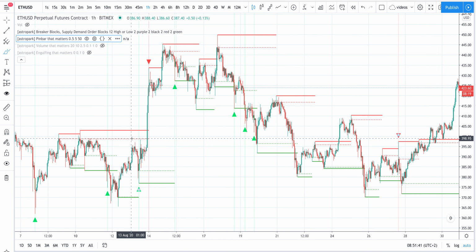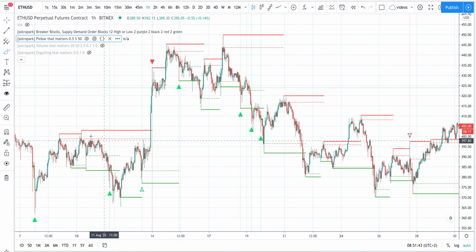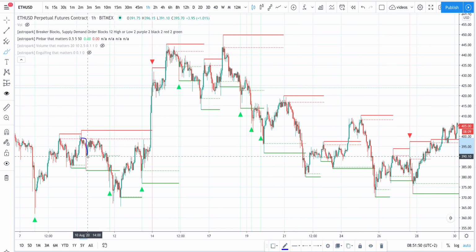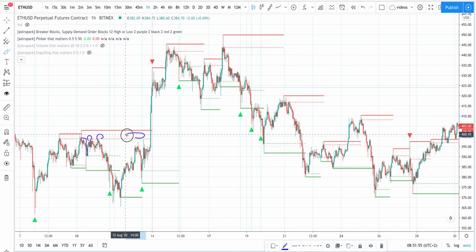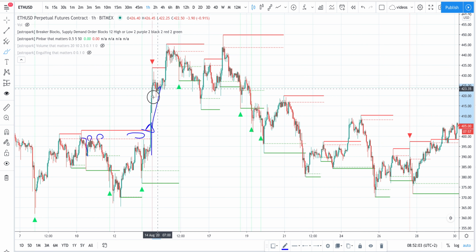So you can find confluences again here, for example, and while it works, you are supposed to always short demand. Here you short, here you short, here you short, here you short, until it doesn't work anymore. So if you have a breakout, you know what you have to do. It doesn't work anymore, so you long here.